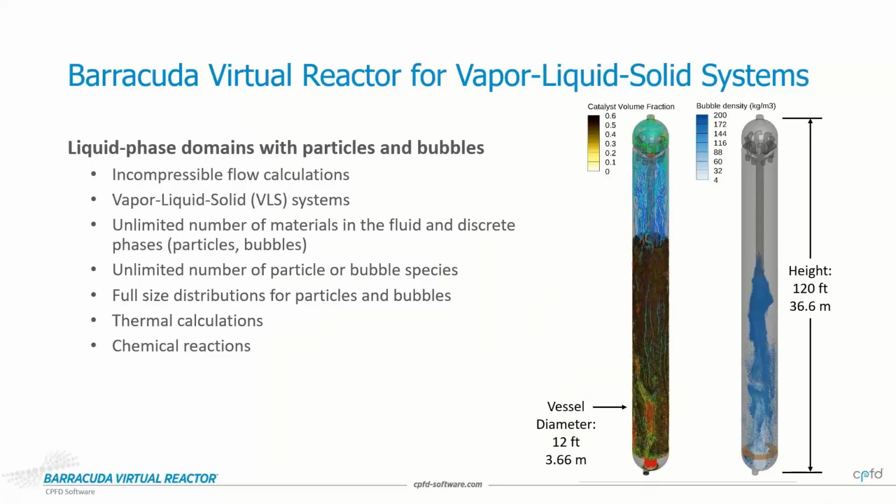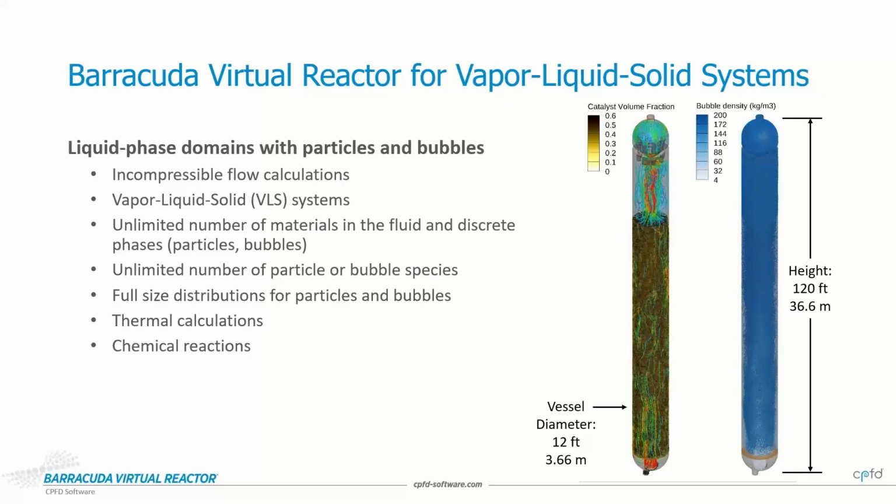Historically, gas fluid domain was the primary use of the software, and in recent times, we've expanded to liquid fluid domain, which has increased the capacity for applications including VLS systems. This was released a couple years back after many years of development, and it marks a massive expansion in the domain of the software. Same as for gas fluid, there are coupled hydrodynamics, heat transfer, and chemistry with user definitions for all materials, kinetics, and drag models.